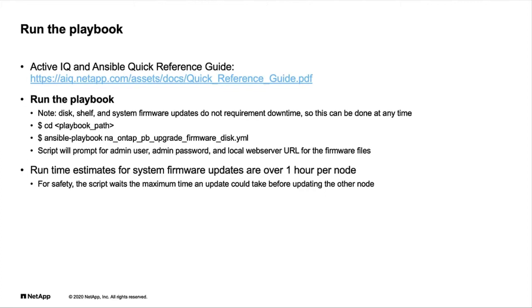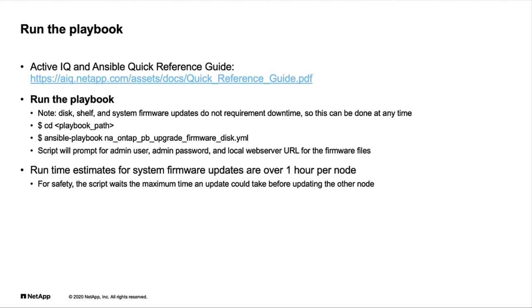Running the firmware updates is as easy as going into the directory with the playbook and running Ansible-playbook and then the playbook name. The script will prompt for an admin user, an admin password, and the URL to the firmware files. No downtime is needed for firmware updates in ONTAP.